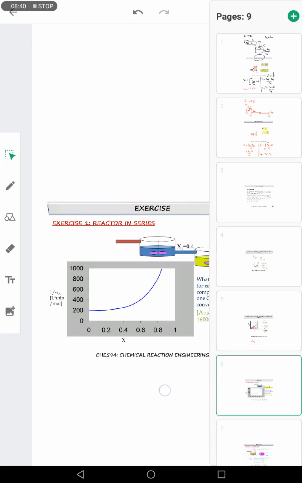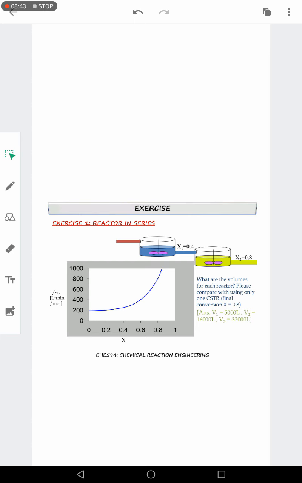Okay, let's have a look at this exercise, for example. So let's say the question is giving you the figures of two CSTR in series. So dia dah bagi siap-siap X1 as 0.4, X2 as 0.8. Then the question asks you to find the volumes for each of the reactors. So the question asks you what is V1, what is V2.